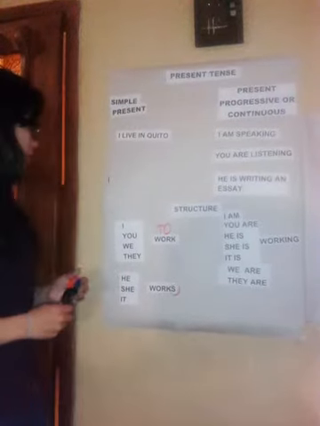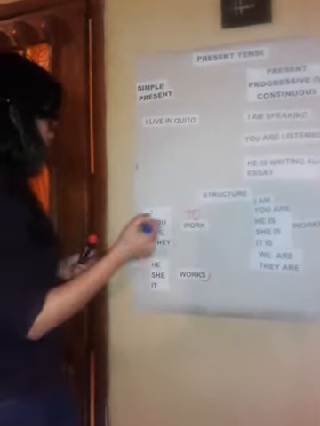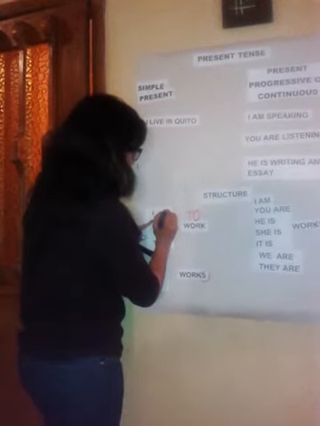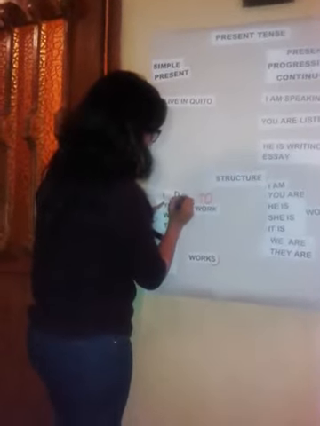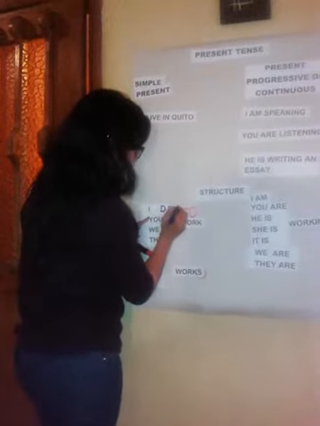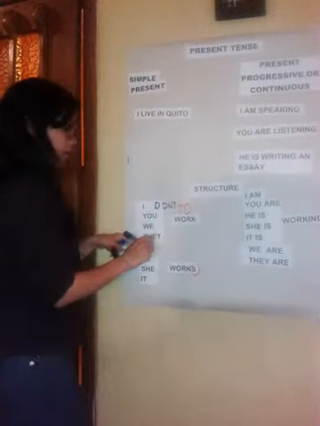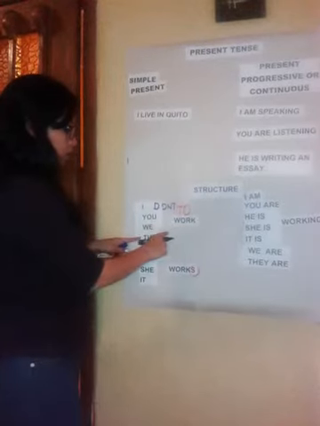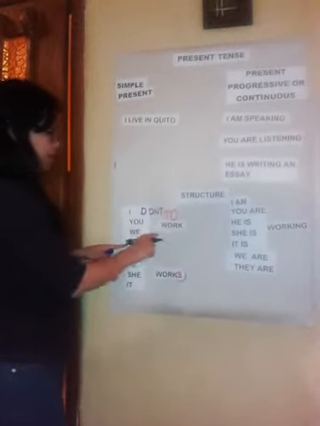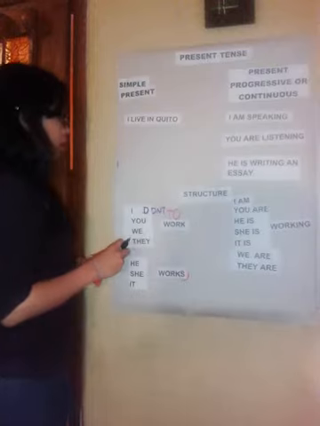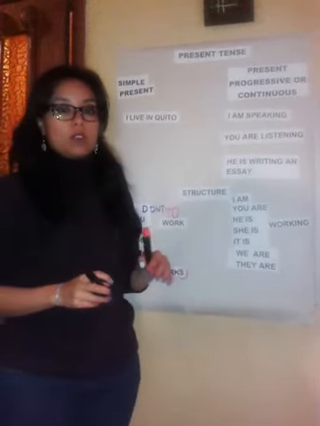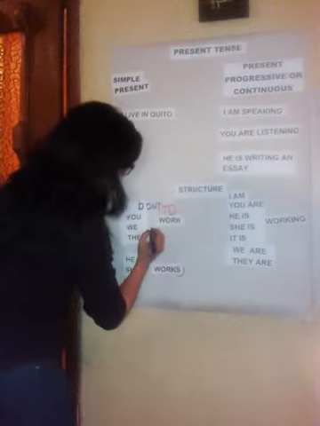For example, I don't work. You don't work. We don't work. They don't work. Don't is the contraction of do not. Do not.